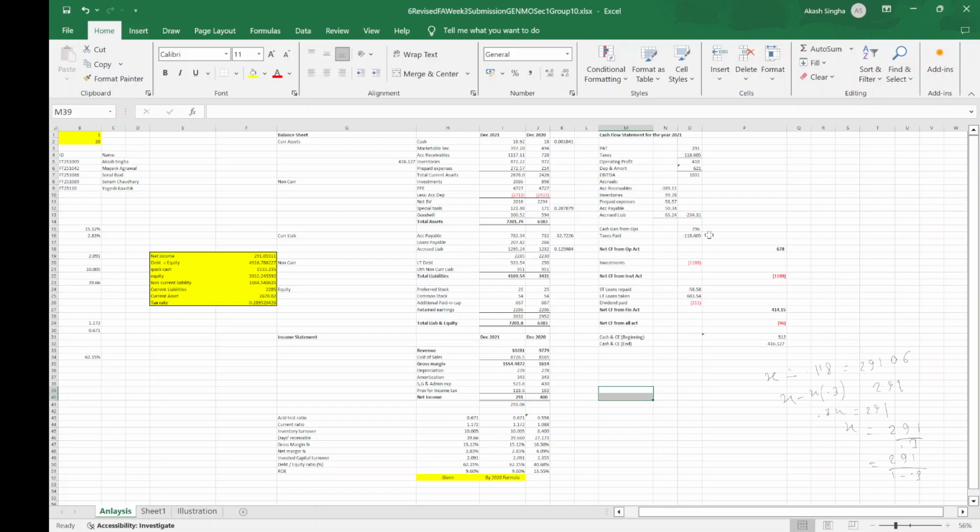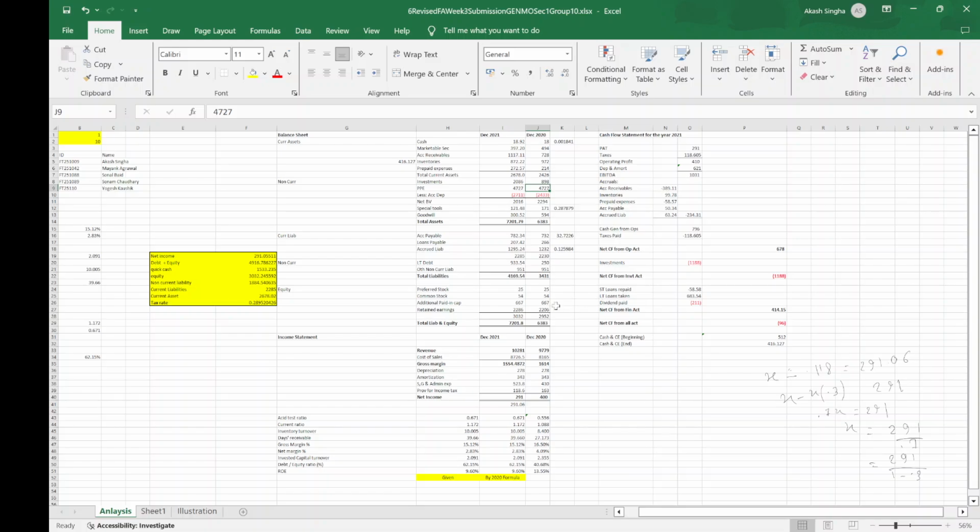Then cash generated from operations you'll get, taxes paid, negate this, and you'll get net cash from operations. For investments, we take the change in investment. We took that nothing changed in PP&E, so the change in investment is bigger now. We have made more investments, so negative cash flow.